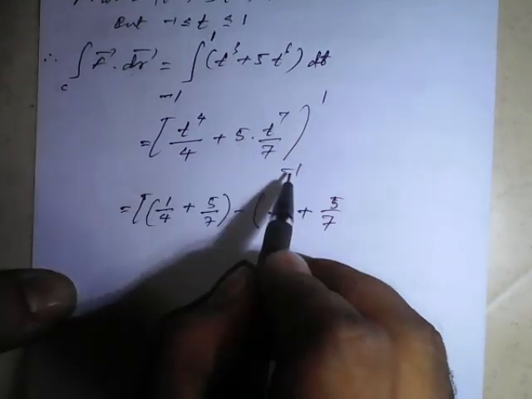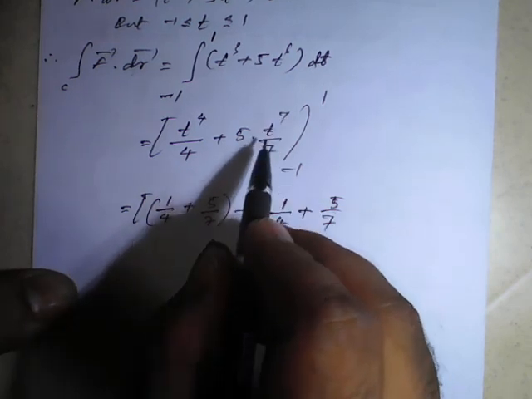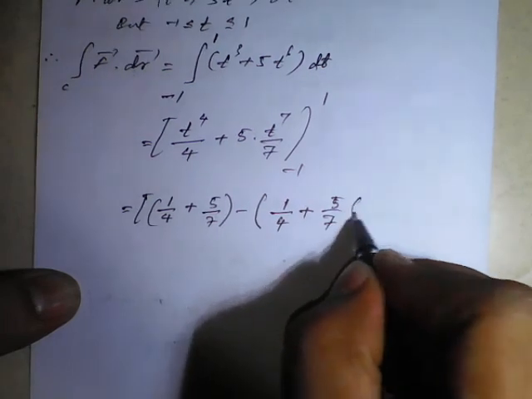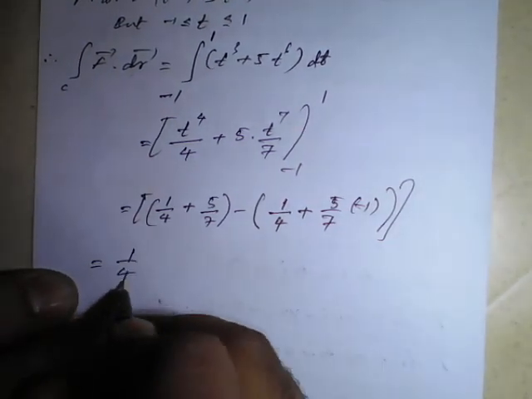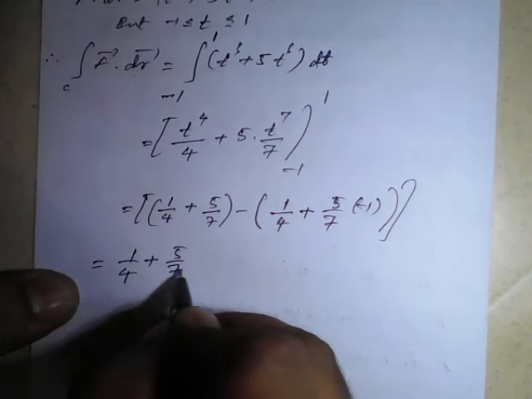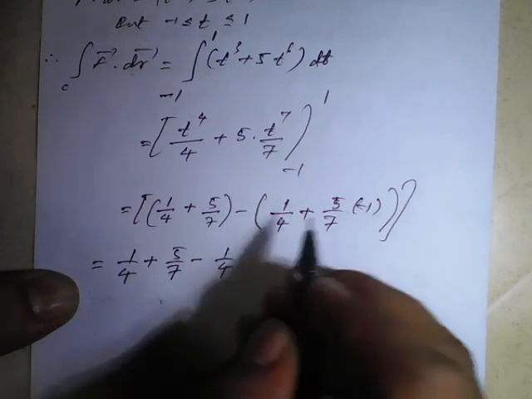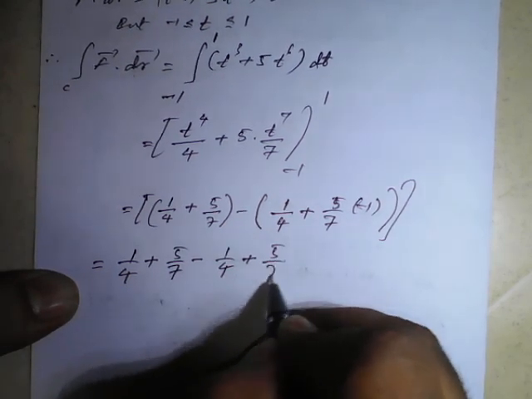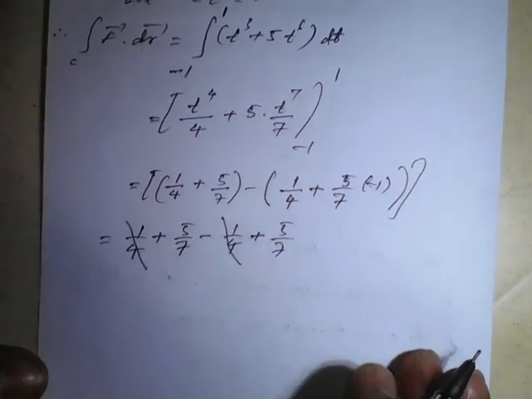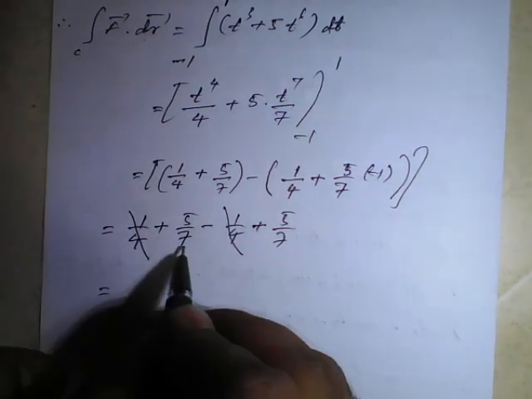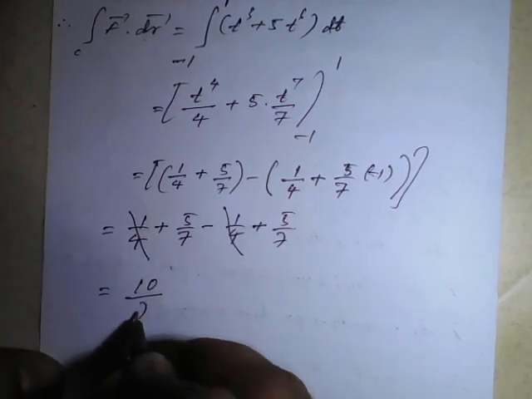For t raised to 7, t value is -1 raised to 7, 7 is an odd number, so -1 raised to odd is again -1 itself. So on simplification, 1 by 4 plus 5 by 7 minus 1 by 4, so minus into minus is plus 5 by 7. So 1 by 4 minus 1 by 4 cancel, so 5 by 7 plus 5 by 7 will become 10 by 7.